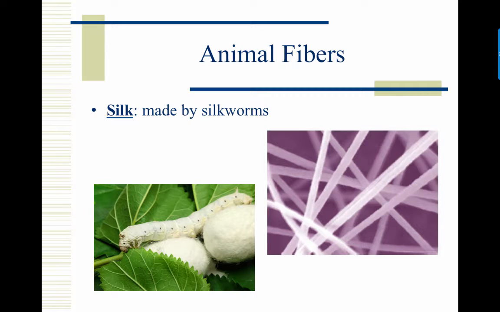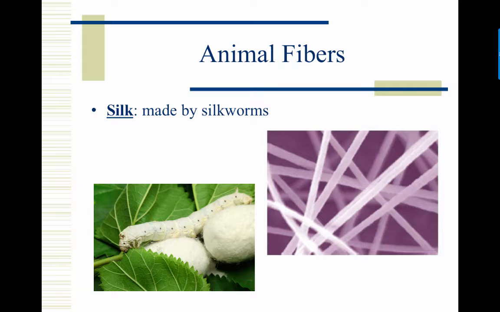Unfortunately, they don't often survive to that point because these enzymes are destructive to the silk, and they'll cause the silk fibers to break down, and then they're not marketable to be made into garments. So to prevent this from happening, silkworm cocoons are boiled, and they're not allowed to come to the end of their life cycle. The heat kills the silkworms, and the water actually makes the cocoons easier to unravel.